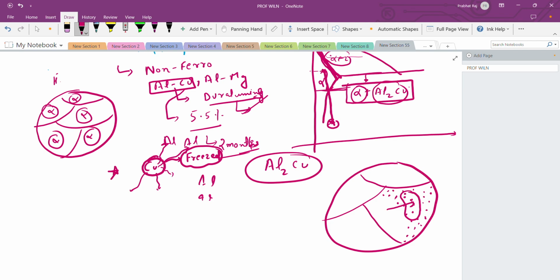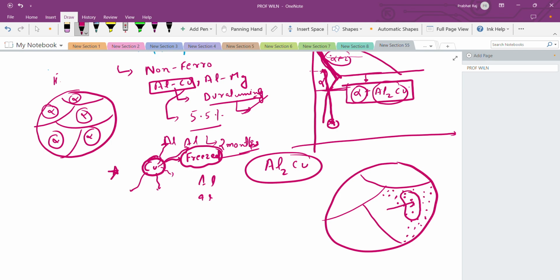We have to apply more and more stress in order to change the size of the sample. This we have studied in work hardening, obviously. So due to precipitation, these small precipitates act as a barrier in the movement of dislocations.